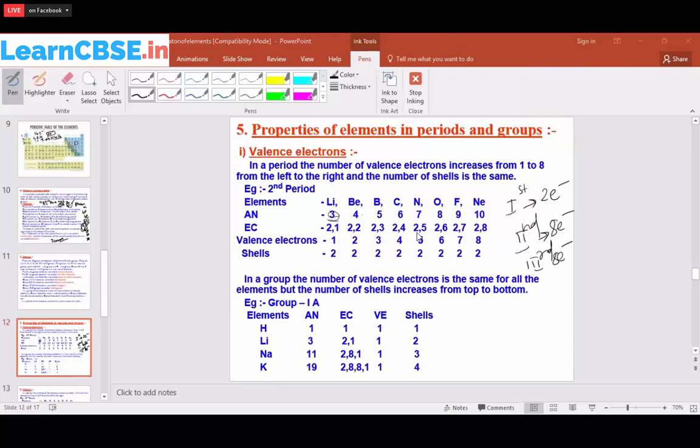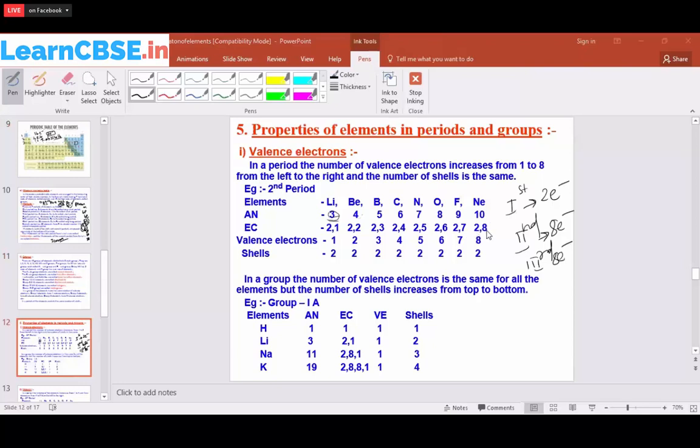Nitrogen, 7: 2 electrons in the first shell and 5 electrons in the second shell. Oxygen, it is 8: 2 electrons in the first shell and 6 electrons in the outermost shell. Fluorine, 9: so 2, 7. 2 electrons are present in the first shell and 7 electrons in the next shell, that is the second shell.